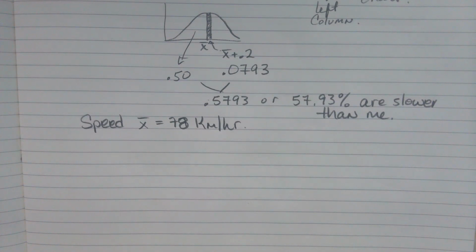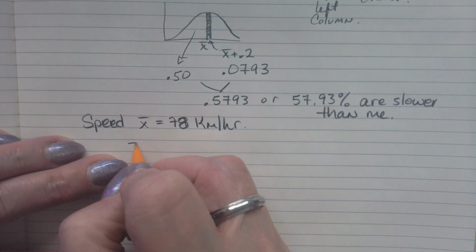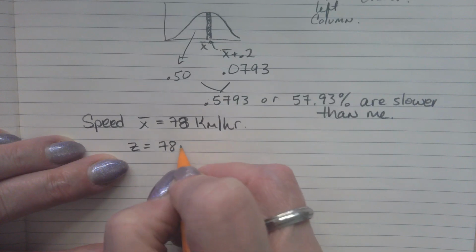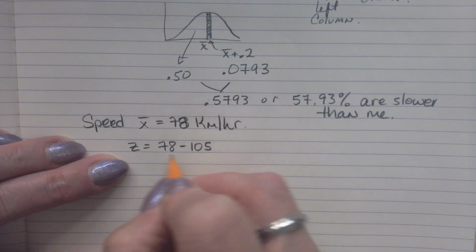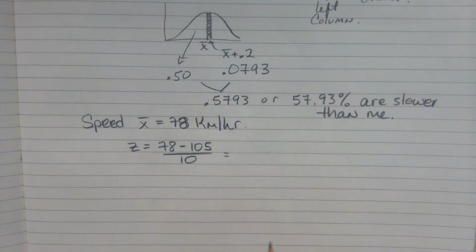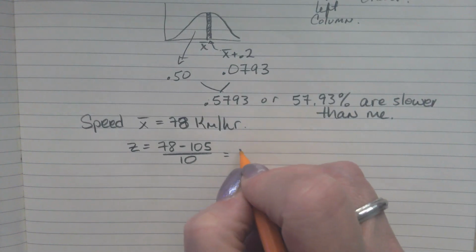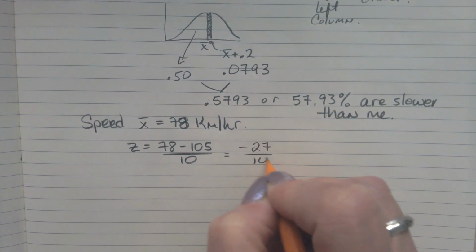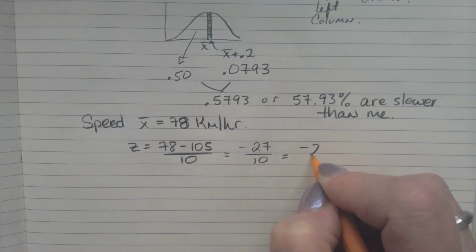The road conditions have told me I can only drive 78 kilometers an hour. Where do we start? Well, Z is equal to 78 minus what? 105, divided by 10. So 105 minus 78 is what? 27. Negative 27 over 10, which gives me a negative 2.7.